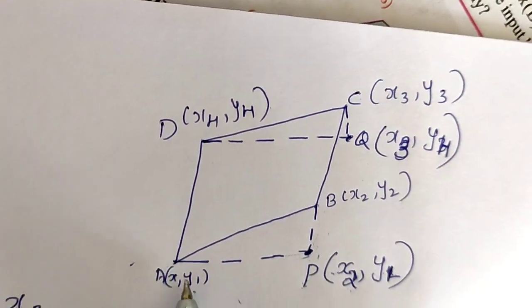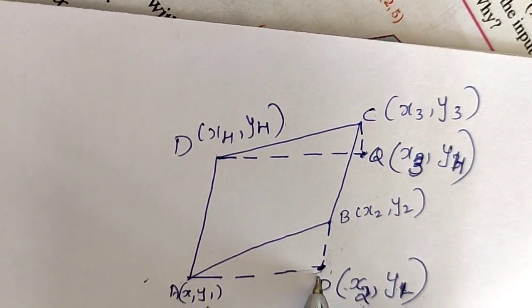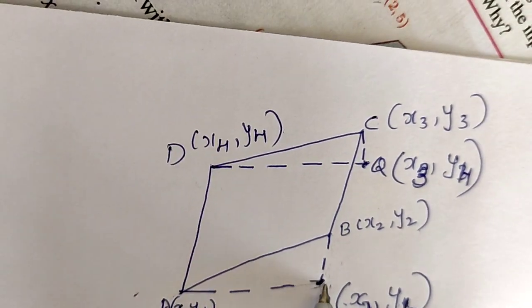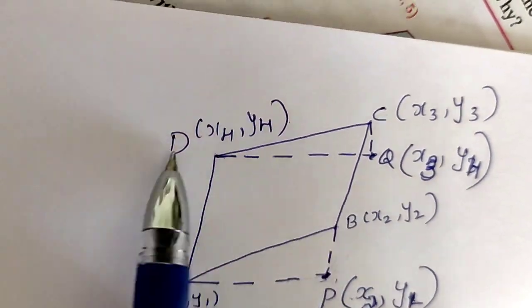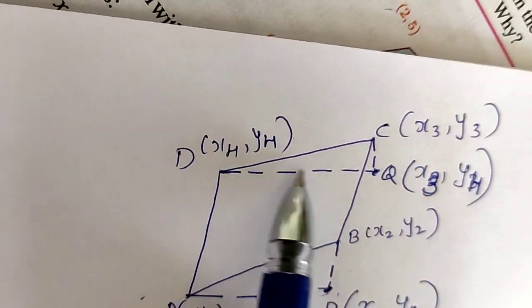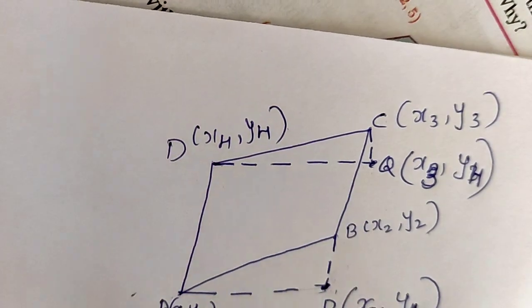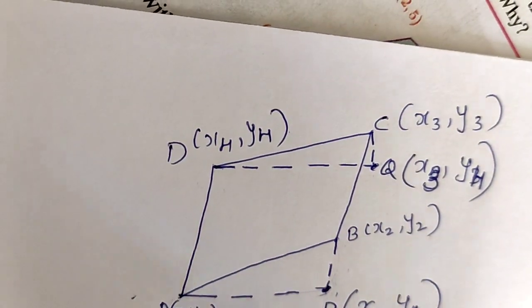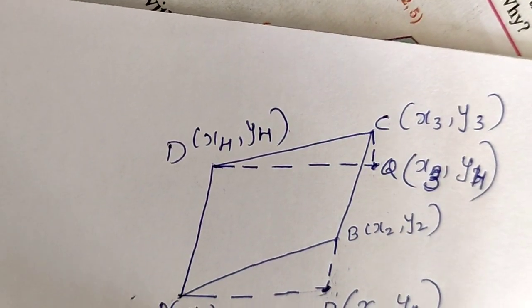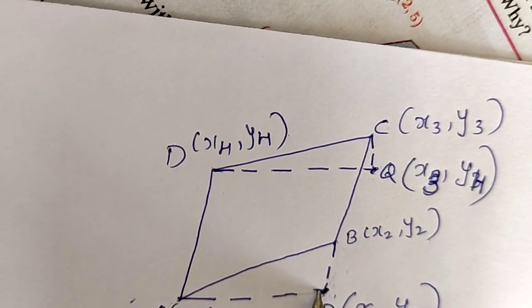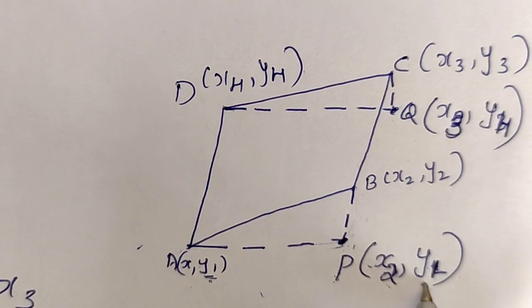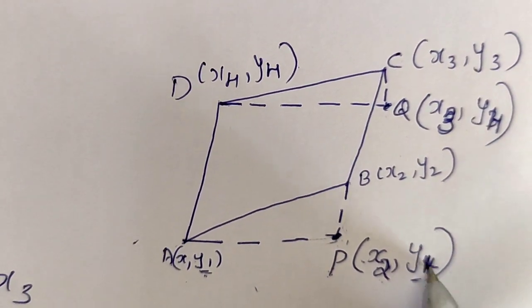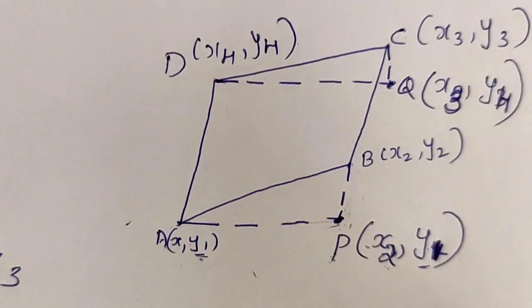Then what about this distance AP? Yes, this distance AP and this distance DQ are equal. We already know that AP and DQ are equal. Then what is the length of this line AP? Here we can see that the y coordinates are the same, both are y1.